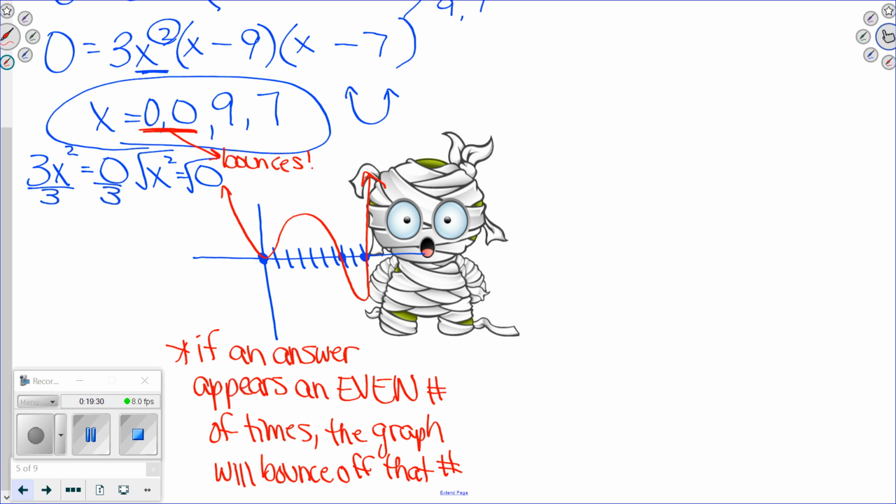So what do you think that means if an answer shows up an odd number of times? It actually doesn't bounce. It goes right through, because what happened at 9 and 7? It crossed right through it. So if that answer showed up 3 times, it's still going to go right through. Okay, so we can add that onto here.